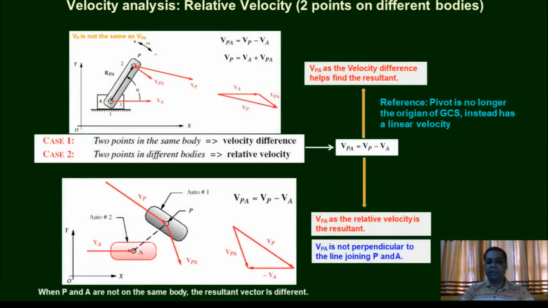So here we are seeing 2 different bodies, that is P on a particular body and A on some other body. In the same method we can analyze and find Vpa, the relative velocity, which is the resultant and is not perpendicular to the line joining A and P.